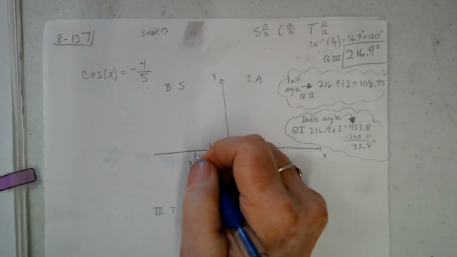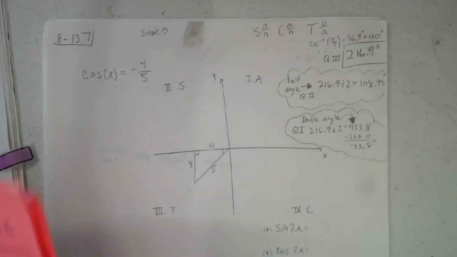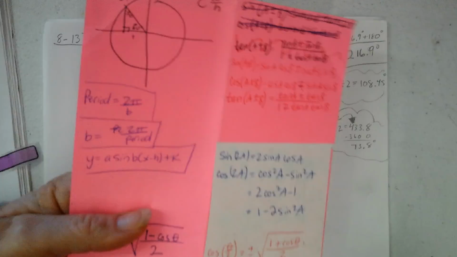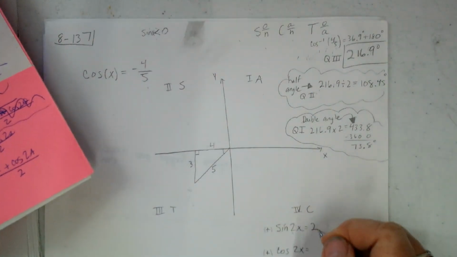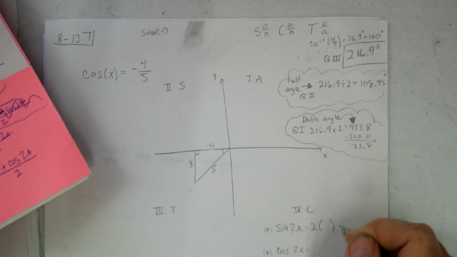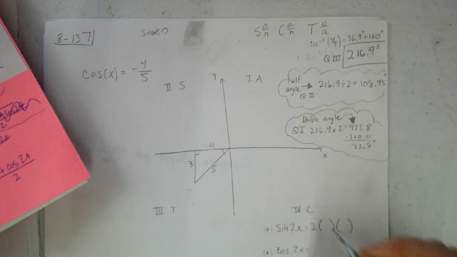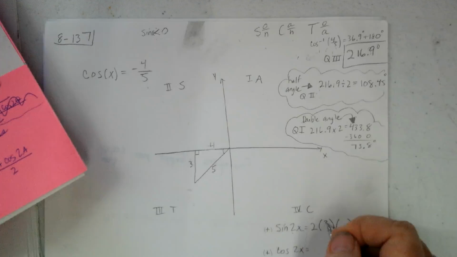So sine of 2x, I have a little formula in my magic book somewhere. It's right here. It's 2 sine x cosine x. What is sine x? It was opposite over hypotenuse. It's going to be 3/5.